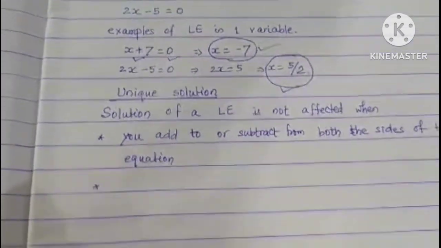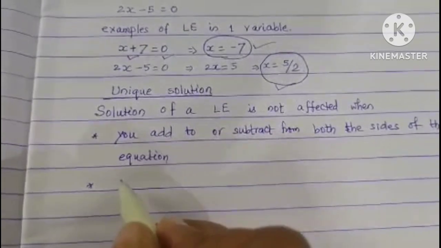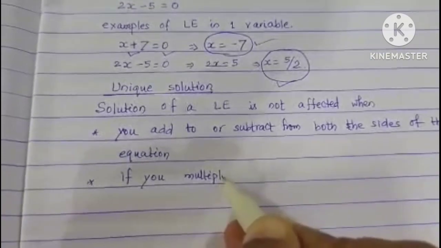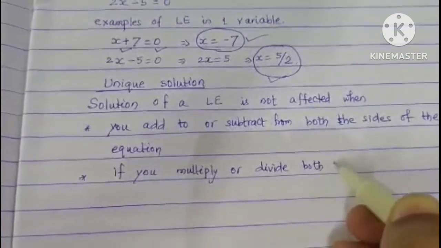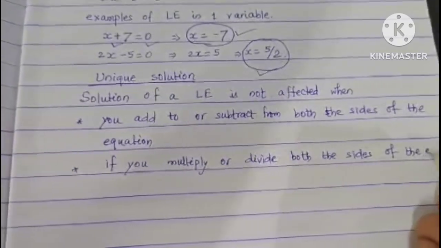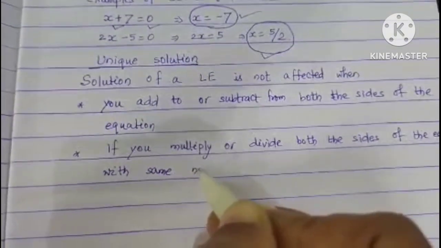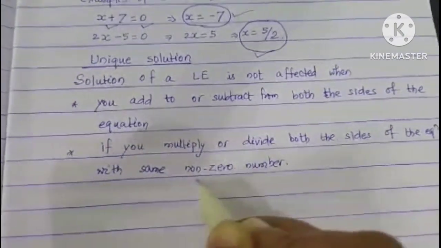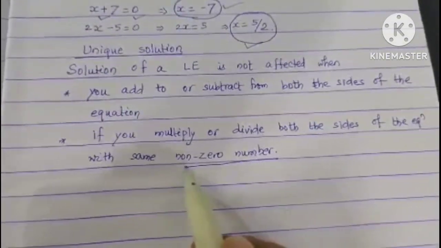Second one is, if you multiply or divide both the sides of the equation by the same non-zero number, then also the solution will not be affected.